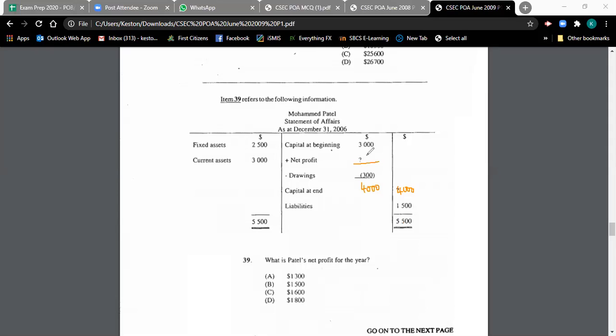Right, and 3,000 plus something, take away $300, should give me 4,000. So that should be what? 1,300. That'll give me 4,300. And 4,300 take away 300 gives me the 4,000 to take across here. Net profit is E, 1,300. But are you alright with that one?